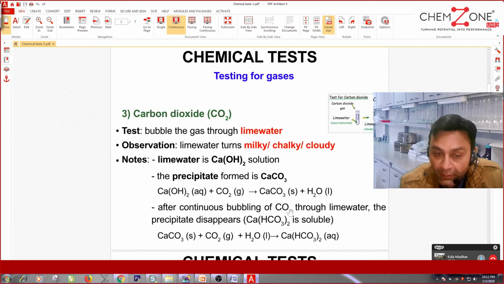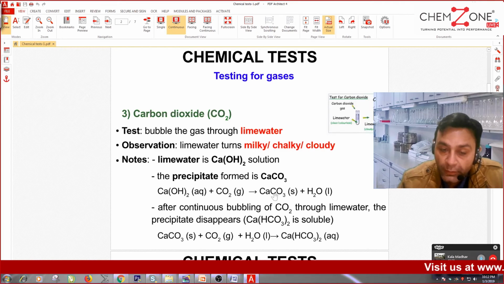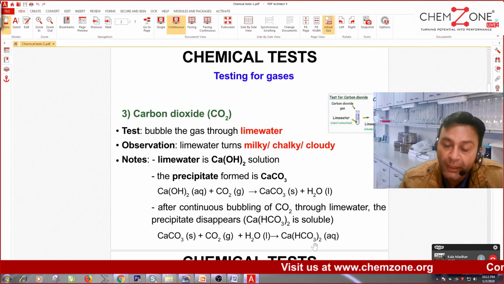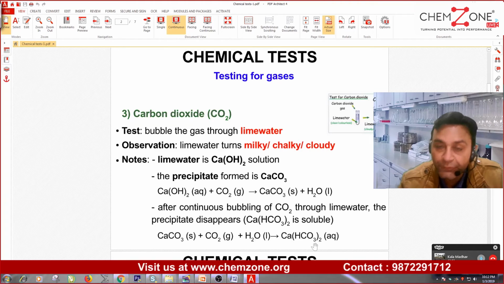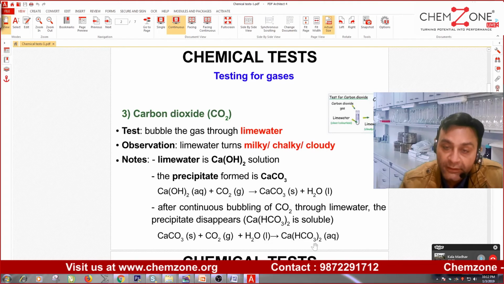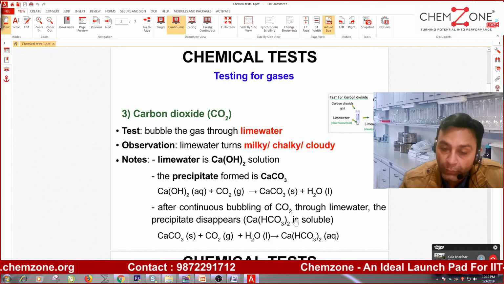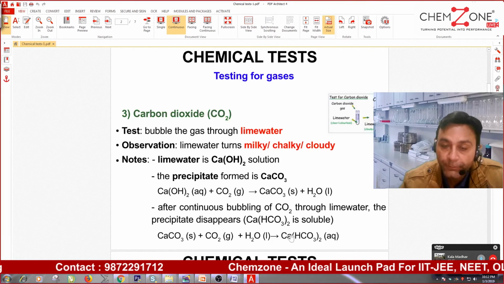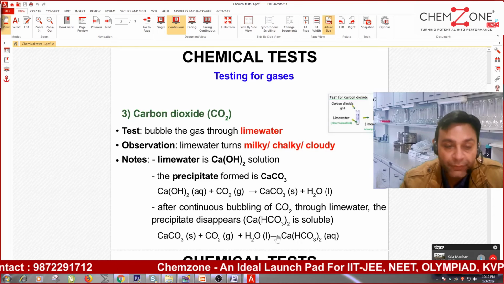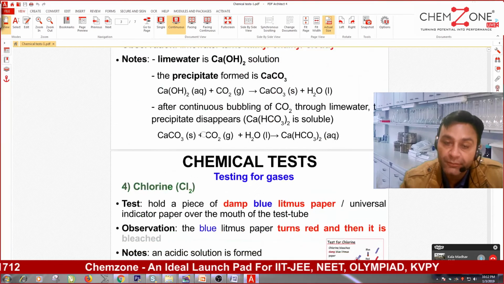But if you continuously provide carbon dioxide, the calcium carbonate formed will again dissolve in water and form soluble calcium hydrogen carbonate. It means if we add excess carbon dioxide, the calcium carbonate formed, the white precipitate, will dissolve. Right? It's a confirmatory test for carbon dioxide.